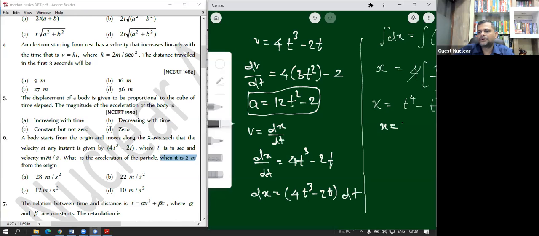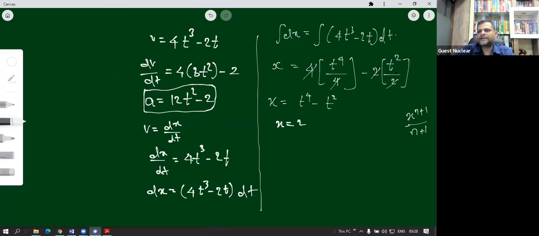Put x equal to 2 and try to find the time. So we get 2 = t⁴ − t², which gives t⁴ − t² − 2 = 0.